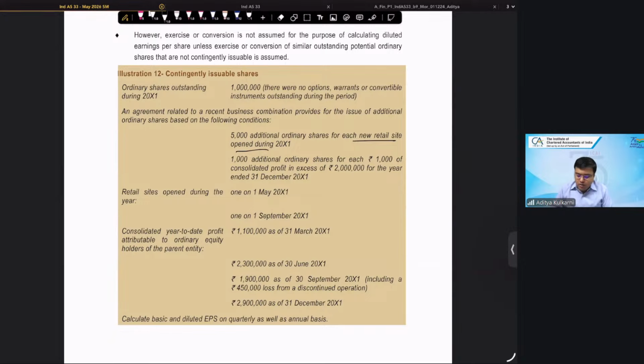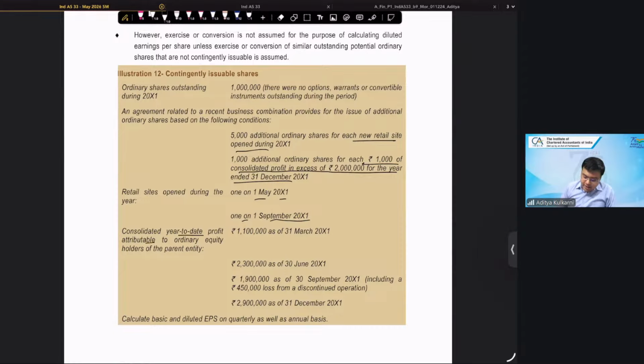1,000 additional ordinary shares for each rupees 1,000 of consolidated profit in excess of 20 lakh for the year ended 31st December 20x1. Retail sites opened during the year, one on 1st May 20x1, one on 1st September 20x1.